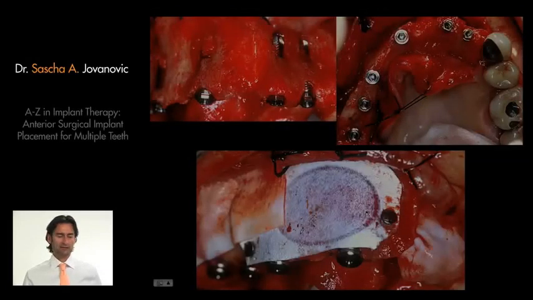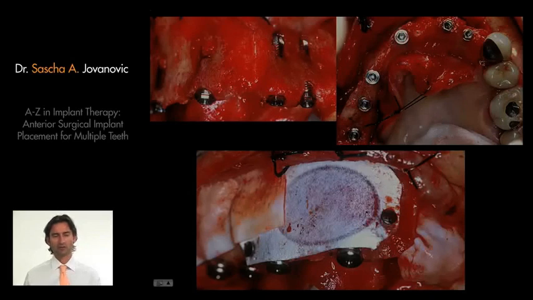Here you can see the final implant position with good bone in the crest, but some bone missing in the apical area. So there you can see how the implants are perforating the jaw, and these particular perforations and the dehiscence of the bone will now be treated with bone grafts and membranes. You can see that here.